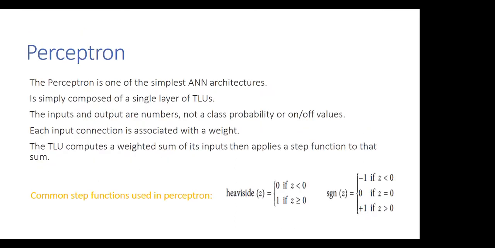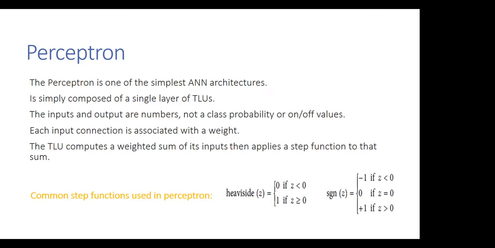So now about the perceptron, which is one of the simplest artificial neural network architectures, and is simply composed of a single layer of a TLU. The inputs and outputs are numbers here, not a class probability like logistic regression or on or off values that we saw previously. And because the output is not class probability, most of the time people use logistic regression.